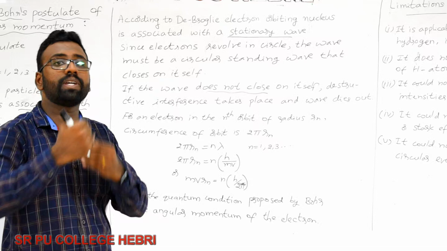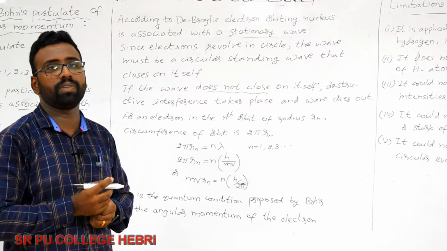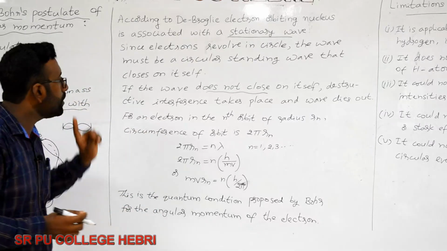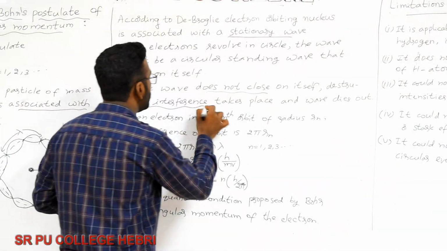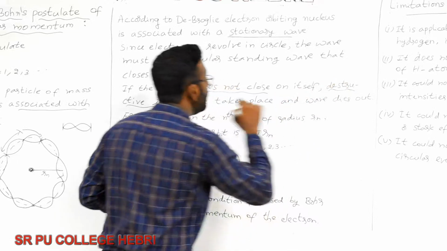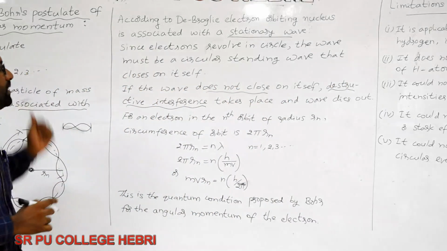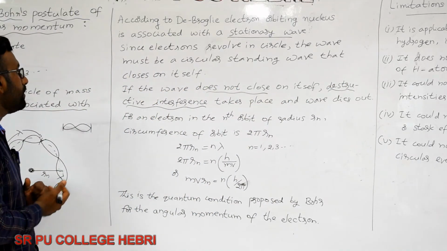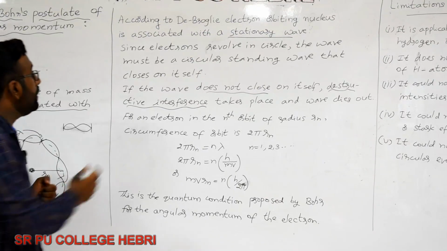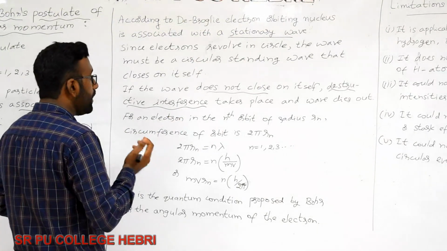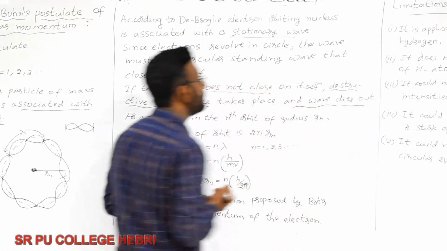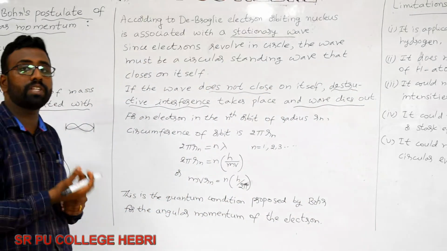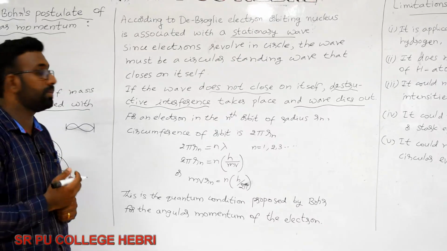If they are out of phase, you will get destructive interference. So if the wave doesn't close on itself, you will get destructive interference. This is what is happening in orbits other than the discrete orbits mentioned by Niels Bohr. In such an orbit, the destructive interference takes place and the electron wave dies out.